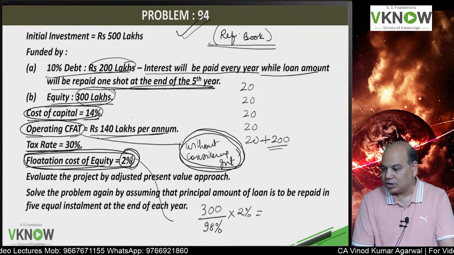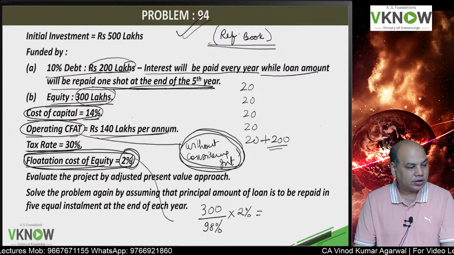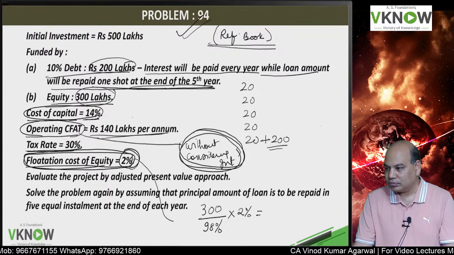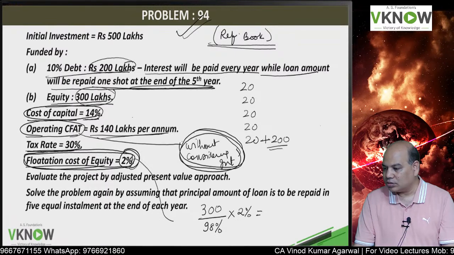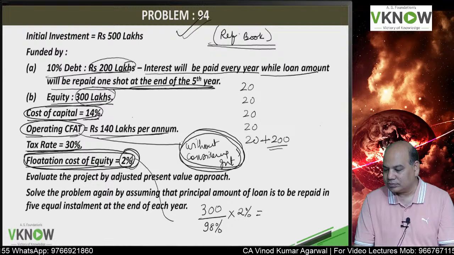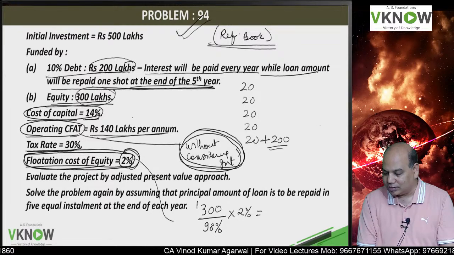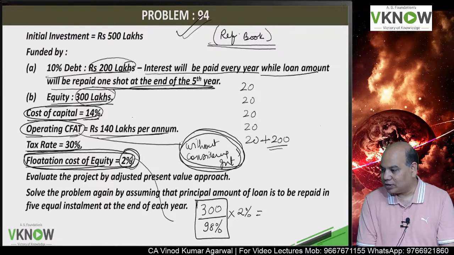So my question is, what would be the flotation cost? 300 divided by 98% into 2%, because I need 300 after incurring expense.